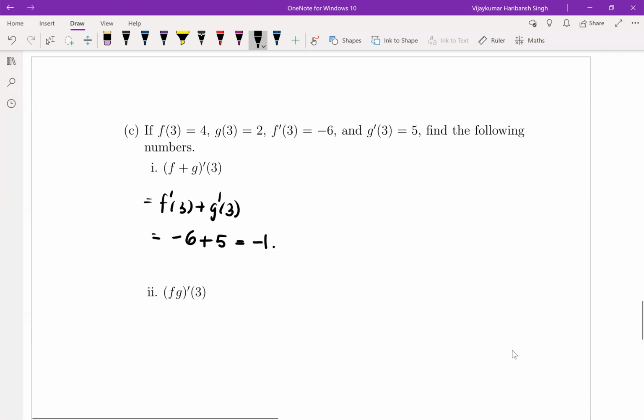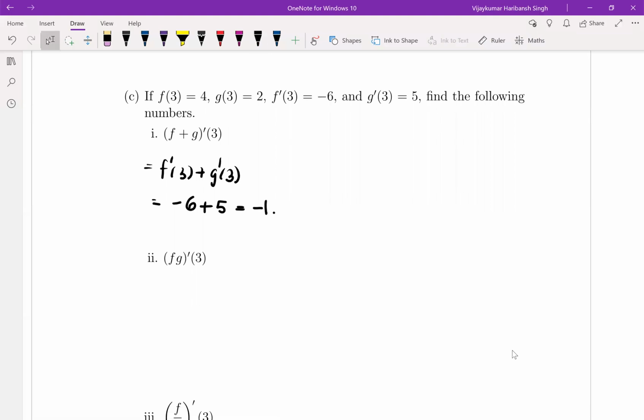Now what about the next one? So we have f g prime of 3. So in this case, we employ the product rule first. So we have f g prime, so first one is going to be f prime 3 times g of 3 plus f of 3 times g prime of 3.